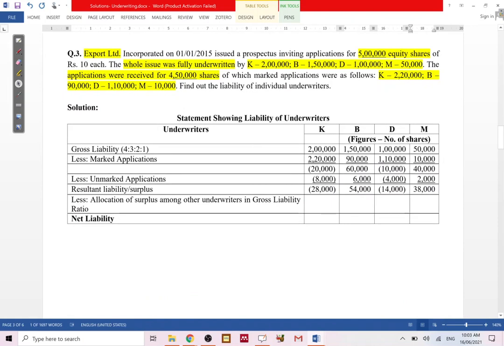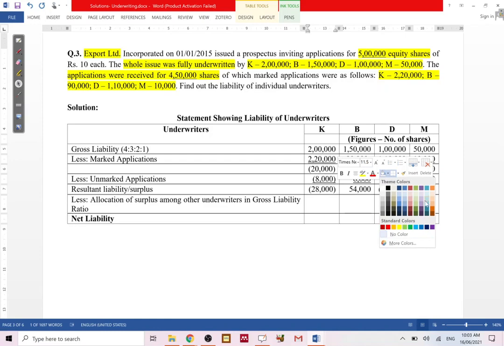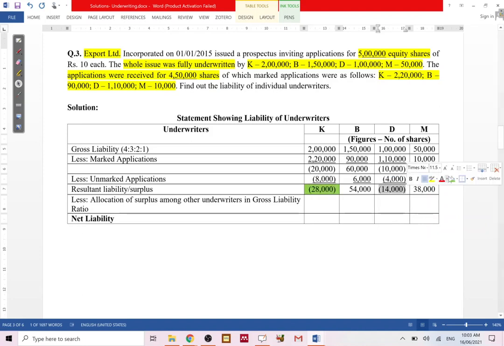Now, for your understanding, I'm going to color code it. This over here is a surplus. Let's put it in green. And this 14,000 again is also a surplus.